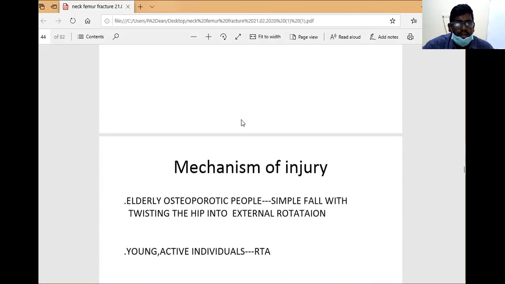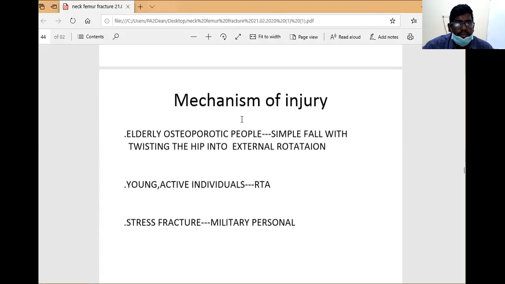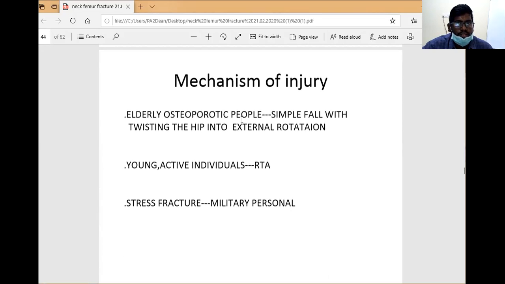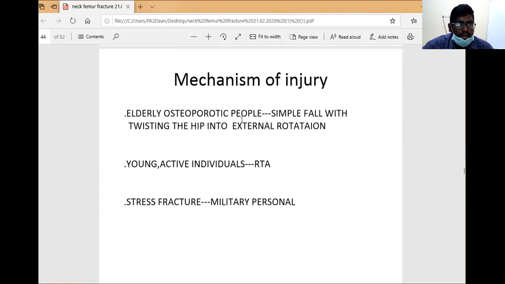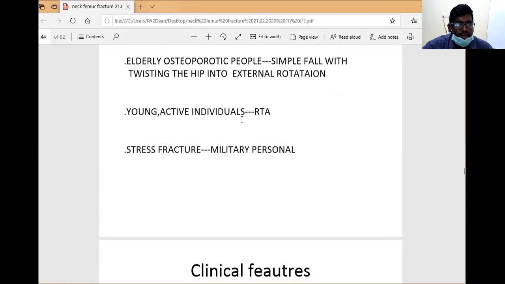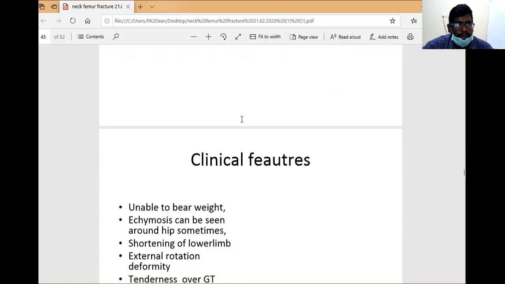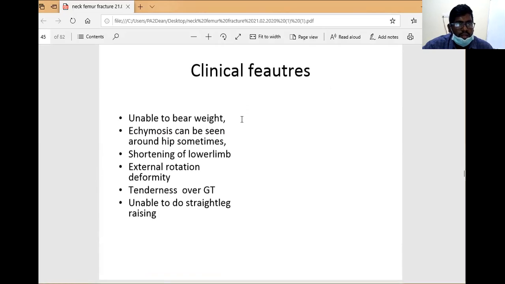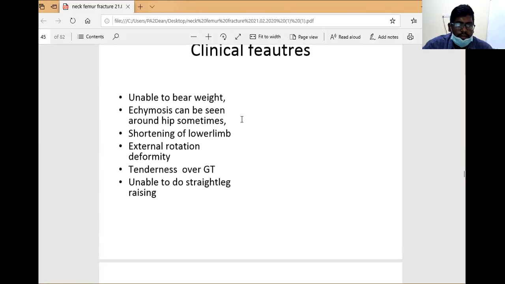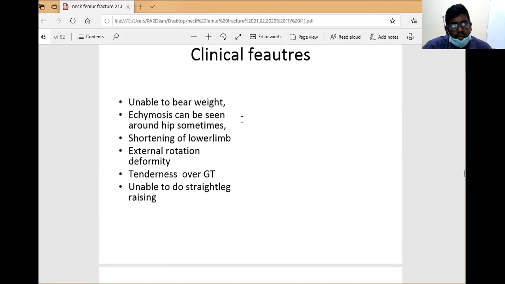Coming to the intertrochanteric fracture, the mechanism of injury is the same: elderly osteoporotic people with a trivial fall, and in young individuals, RTA. Clinical features are somewhat more severe than in fracture neck of femur.